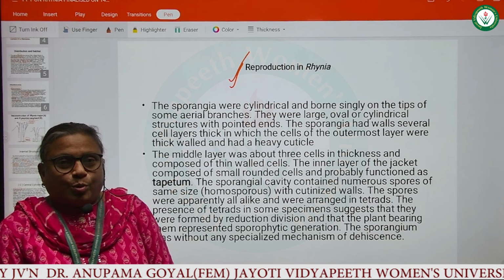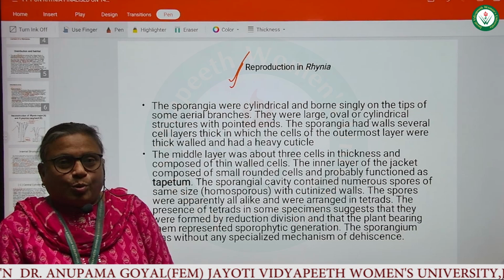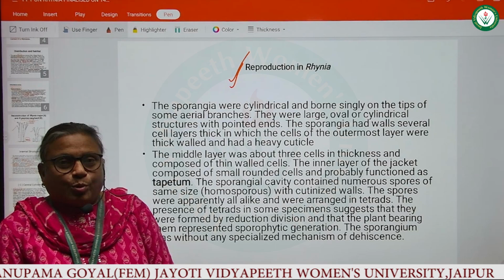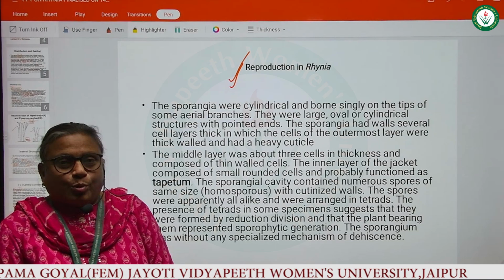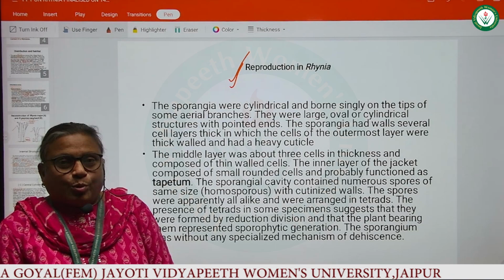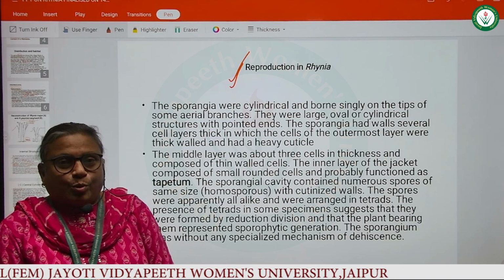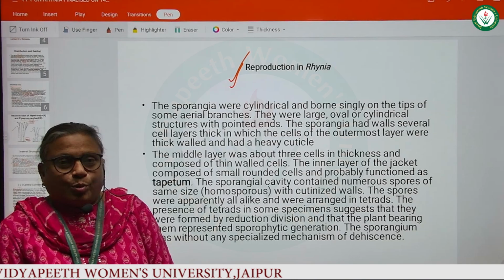Lyon in 1957 reported some germinating spores from Rhynia which show multicellular structures developing at the ends of the germ tubes that looked like those of Rhynia major.